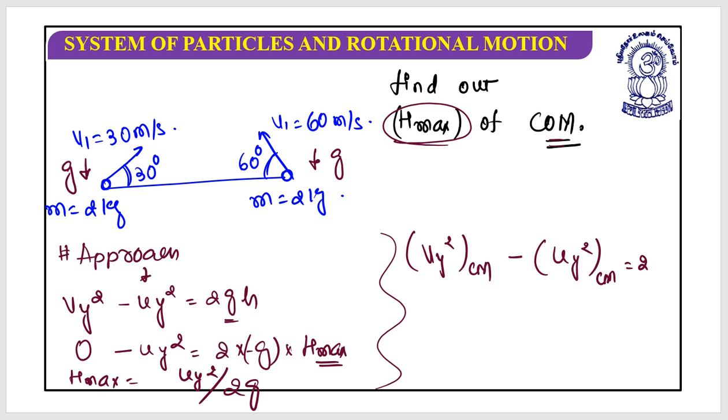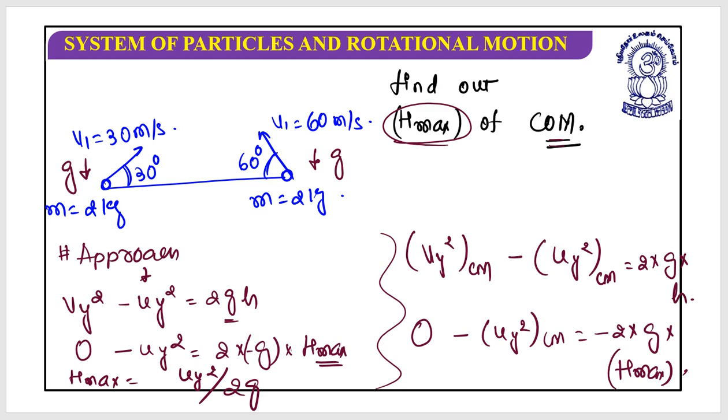If I put this as 0, minus uy square of the center of mass is equal to minus 2 g h max, and this was about the center of mass. So uy, or I should say the initial velocity in the vertical direction, is responsible to calculate this.